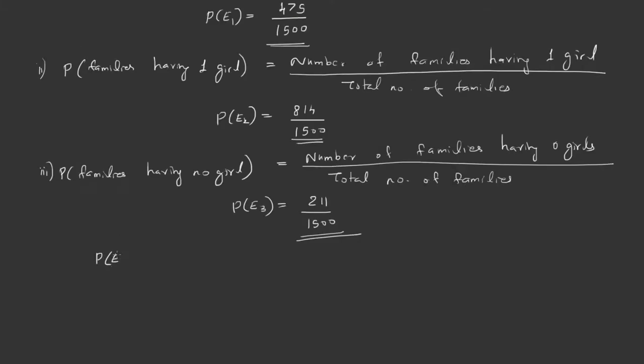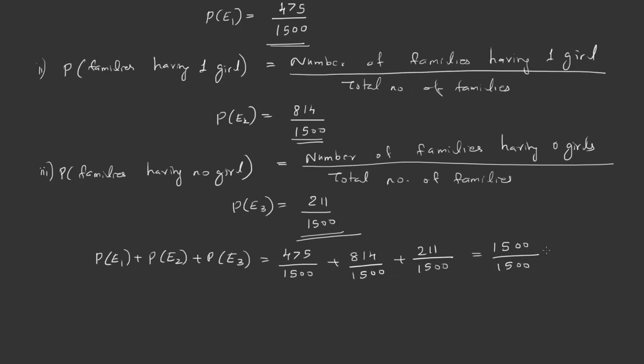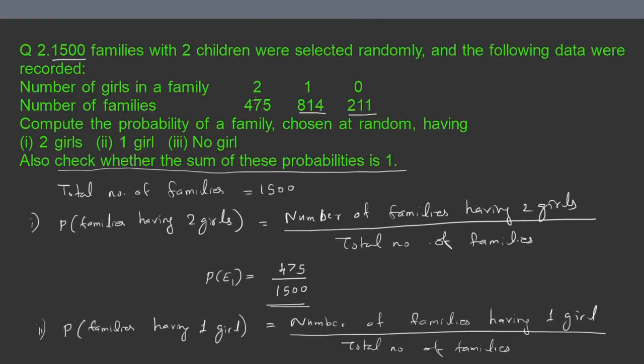So, probability of E1 plus probability of E2 plus probability of E3 is equal to 475 divided by 1500 plus 814 divided by 1500 plus 211 divided by 1500. That is equal to 1500 divided by 1500, which is equal to 1. Why did I get 1 here? Because these three events cover all the events in this trial.